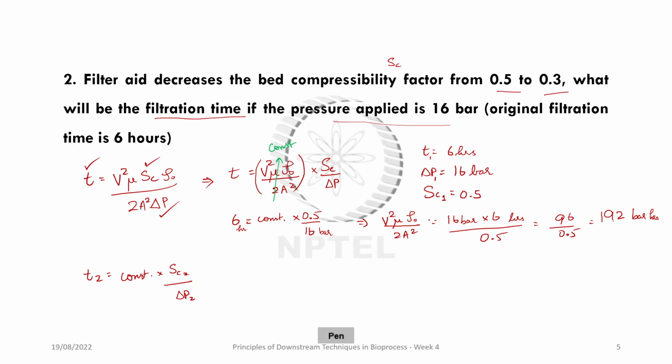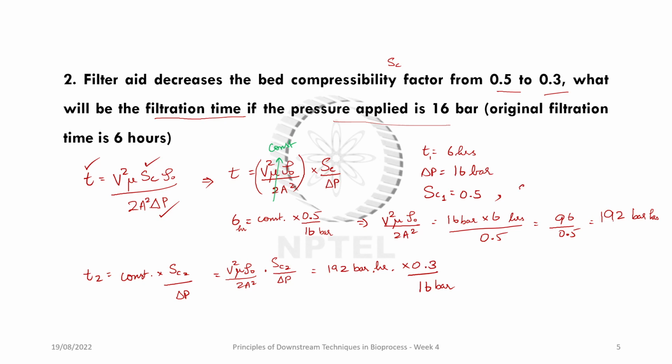So instead of calling it P1 and P2, I'm going to just call it delta P, right? So what do you know the constant as? V square mu rho naught by 2A square, into SC2 by delta P, is equal to 192 bar hour into, what is SC2 here? 0.3 divided by delta P, which is 16 bar.